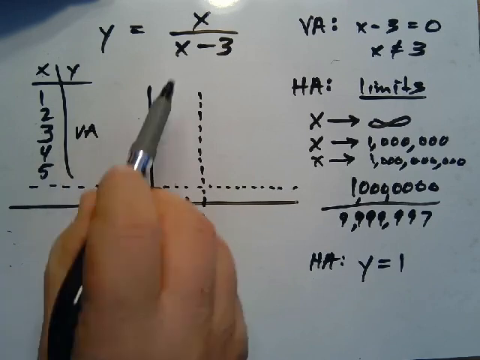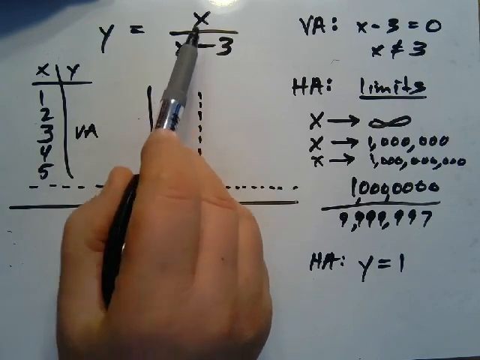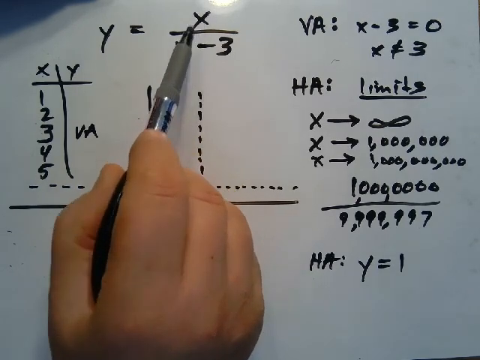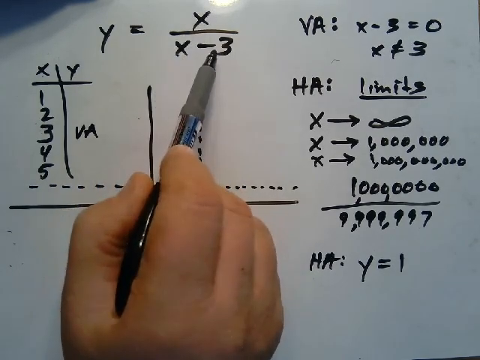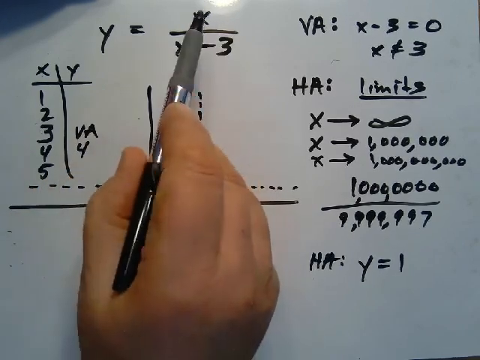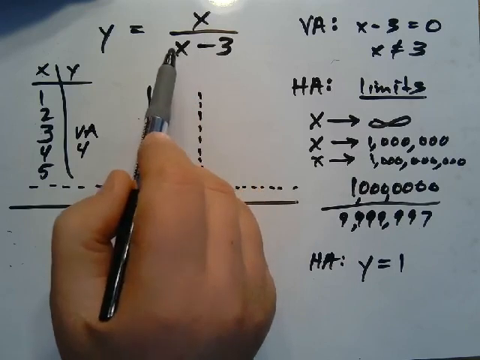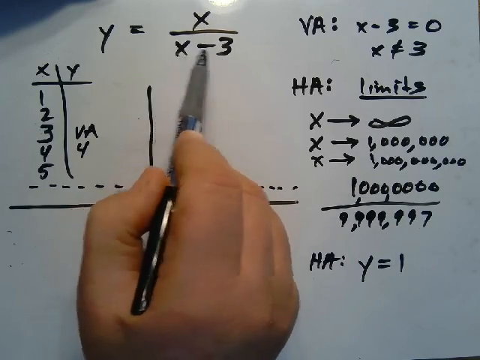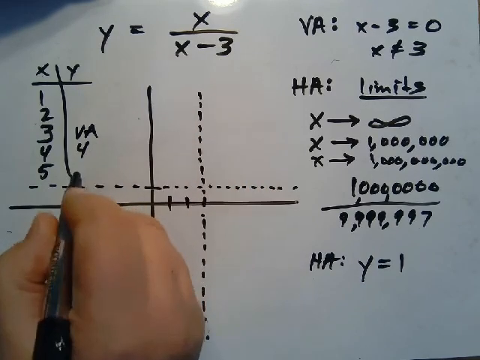If x is 4, 4 over 4 minus 3, or 4 over 1, is 4. If x is 5, 5 over 5 minus 3. 5 over 2 is 5 halves, or 2 1/2.